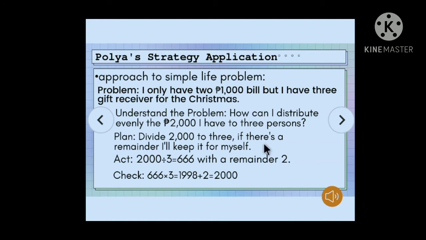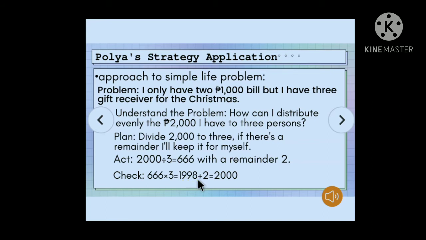Then we're going to act out the plan. We are going to divide the 2,000 pesos by 3, and that will give us 666 pesos with a remainder of 2. Take note that the remainder 2 will be kept for myself, and the 666 pesos will be given to 3 persons. For the checking part, we are going to multiply the 666 pesos by 3, and that will give us 1,998 pesos.